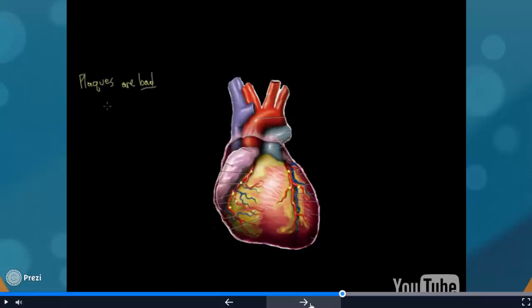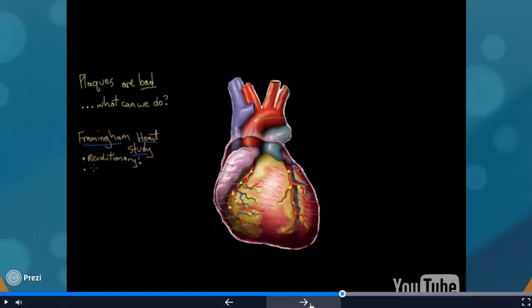So is there anything we can do to stop or prevent these plaques from building up in our arteries? In fact, yes, there are some things we can do. We didn't always know that. Way back in the late 1940s, there was a study called the Framingham Heart Study, which was pretty revolutionary.